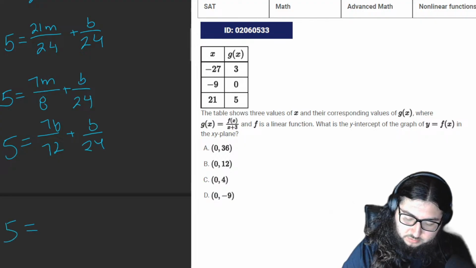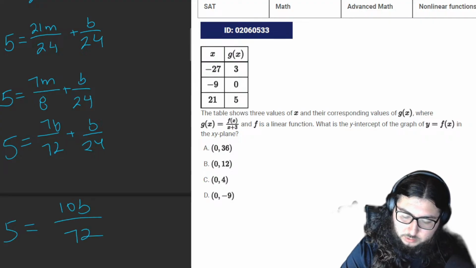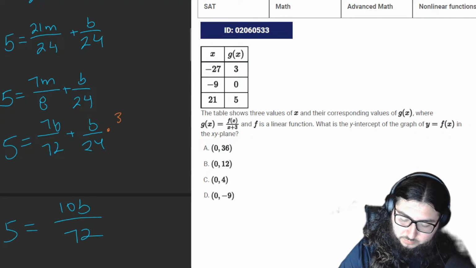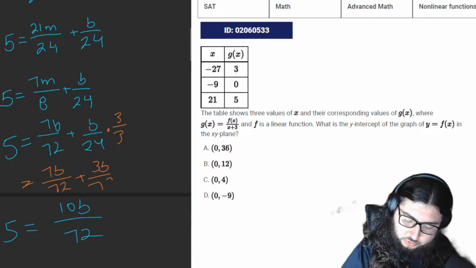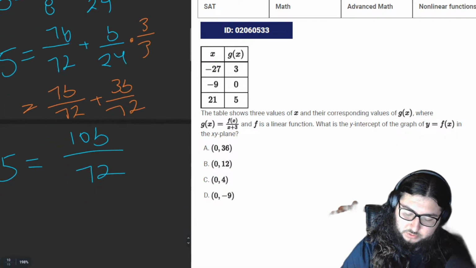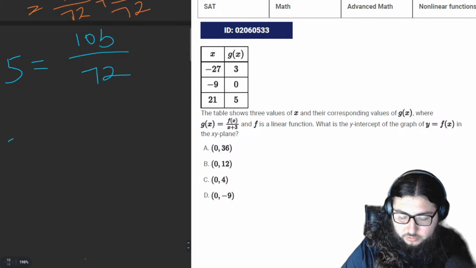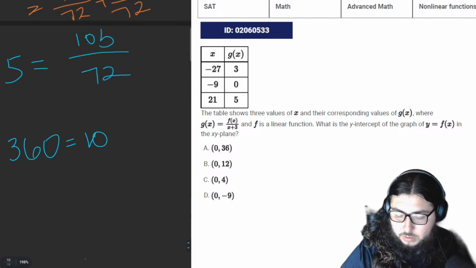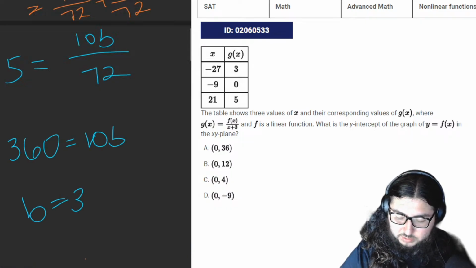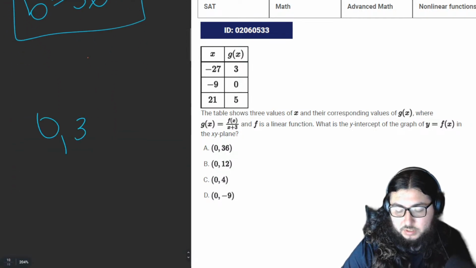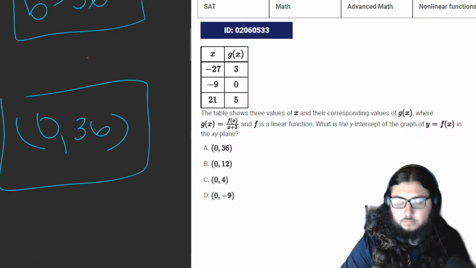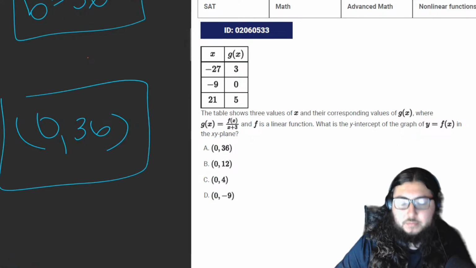That is 5 is equal to 10b over 72, because b over 24, we can multiply times 3 over 3, which is equal to 7b over 72 plus 3b over 72. So 10b over 72, then multiplied by 5, 360 is equal to 10b. b is equal to 36. So our y-intercept is 0, 36. There we go. That became a lot simpler once we had the right steps.